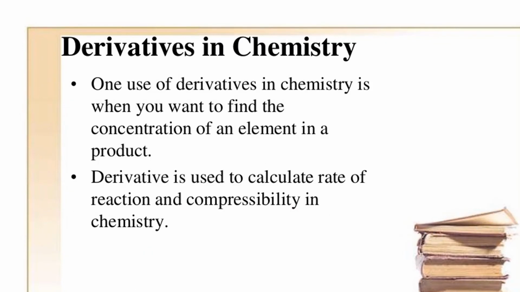Right. In chemistry also we use derivatives. One use of derivatives in chemistry is when you want to find the concentration of an element in a product. To find the concentration of an element in a product, we use the concept of derivatives.